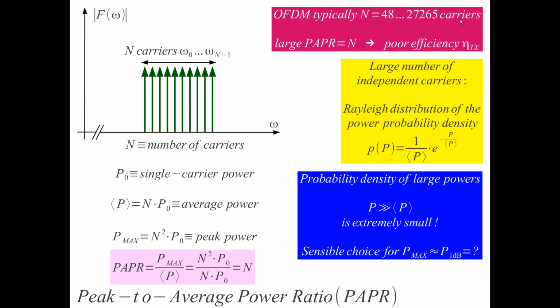OFDM uses many carriers here, and with many carriers, if we require each carrier to have an average power P0, then the average power is simply the sum of all available carriers. So if we have n carriers, we have n times the average power of the output signal.